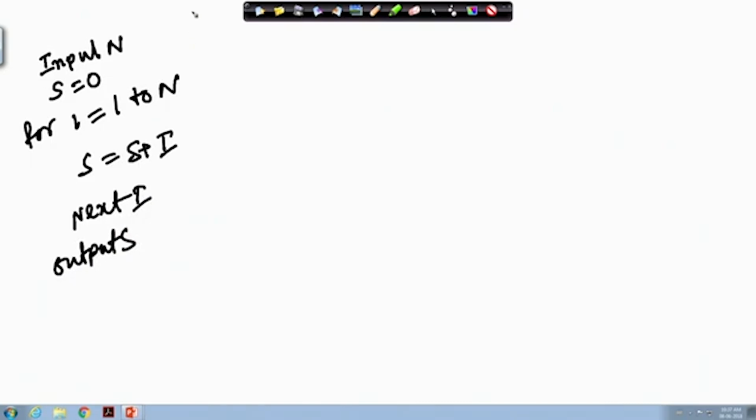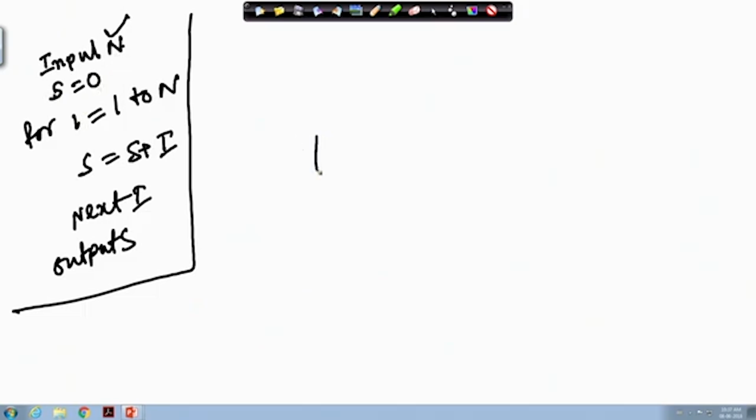This is my algorithm for computing the sum of n natural numbers. So what I need is 3 registers, for n, s and I, as there are 3 variables.